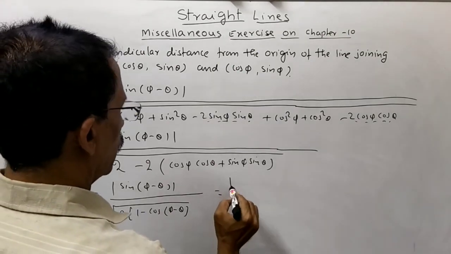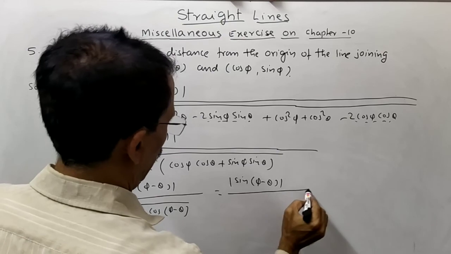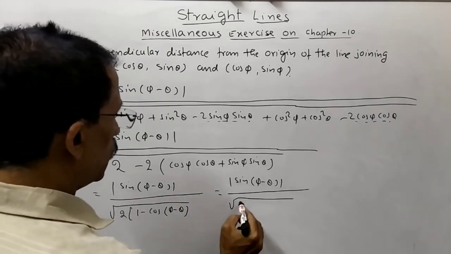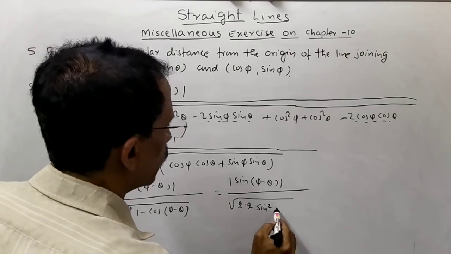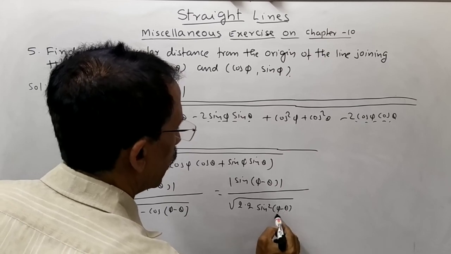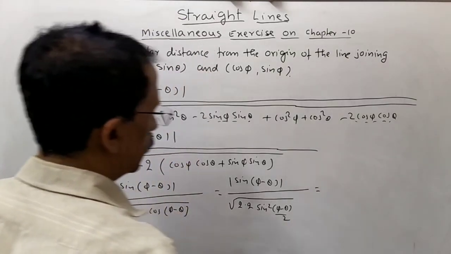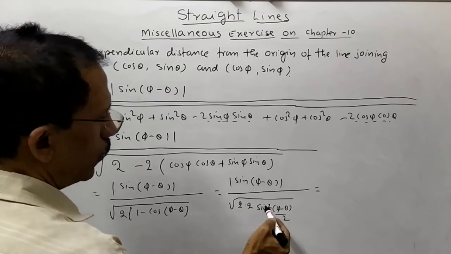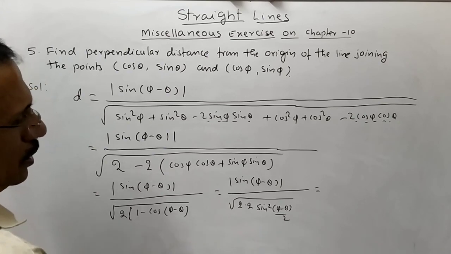This is equal to absolute value of sin(phi minus theta) divided by square root of 2 into 2 sin square (phi minus theta) by 2, by using half angle formula, is equal to square root of 4 we can write outside, and here square root of sin square (phi minus theta) by 2 can be written as absolute value of sin (phi minus theta) by 2.